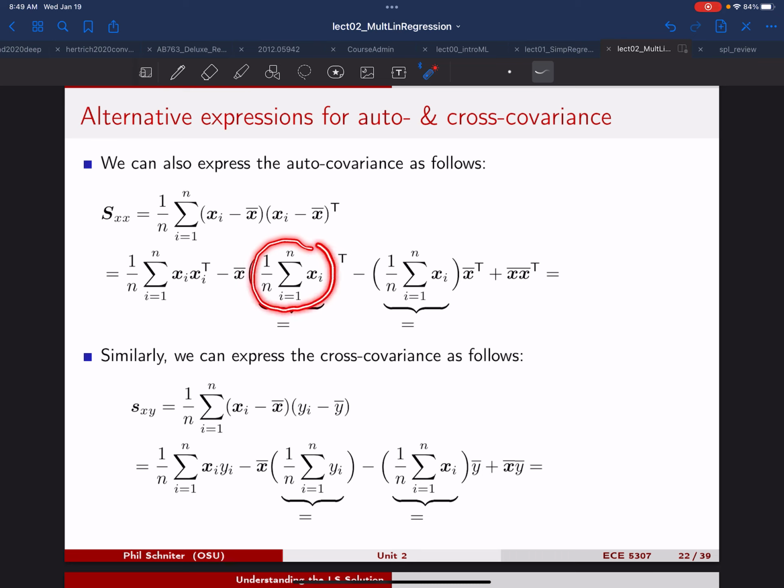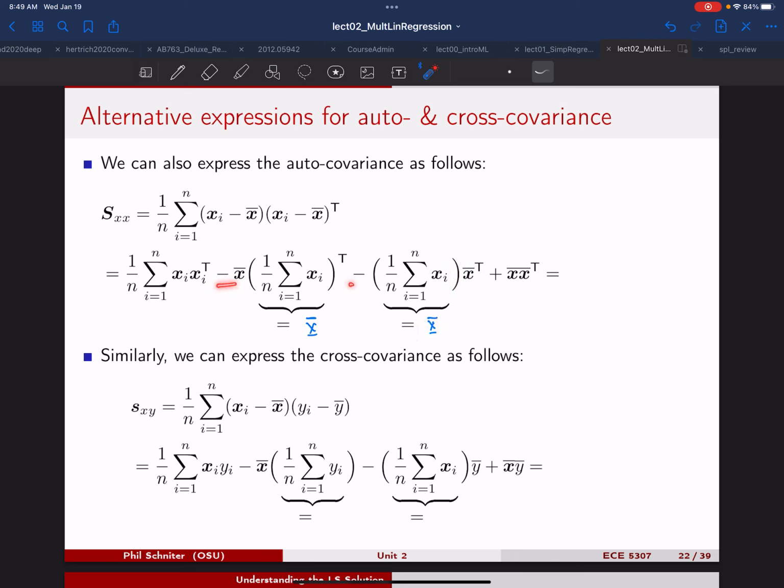Do we recognize what this is inside the parentheses there? We have a name for that. What is it? You guys, x bar, exactly. It's the sample mean of the x vectors. The same expression arises here. So now you can see we have x bar transpose that appears once, twice, 3 times.